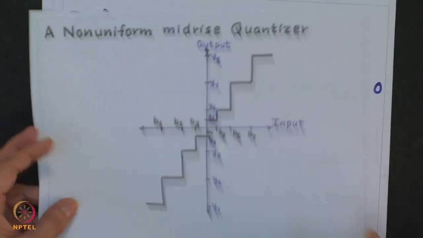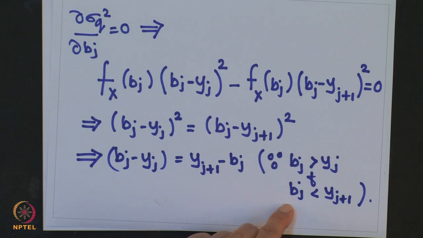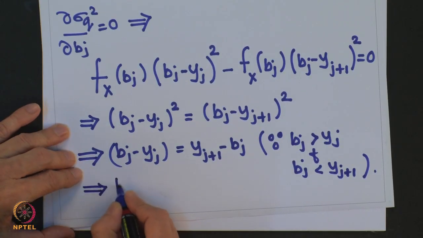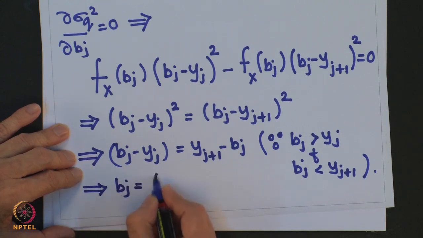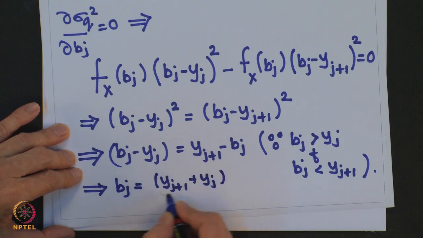So, from this it is easy to see that this condition is satisfied, and from this we get, this implies that Bj is equal to Yj plus 1 plus Yj by 2.